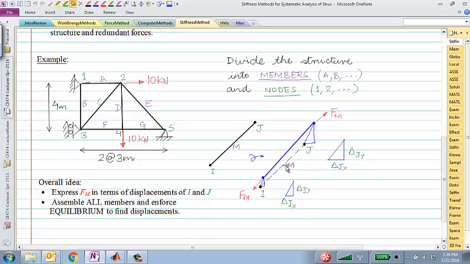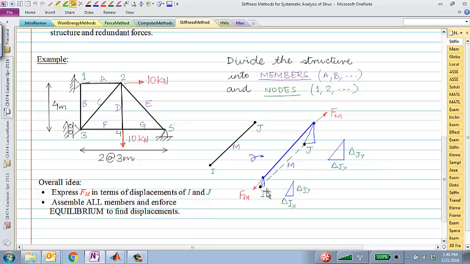And what I'm showing you here is that from the original configuration, a particular member M that is connected to nodes I and J will move to a new location that's shown in the blue configuration. So the black dashed line is the old unloaded position of the member. When I apply the loads, then the member moves, both ends, they move to this new location.